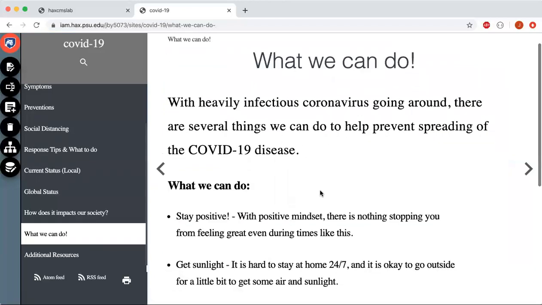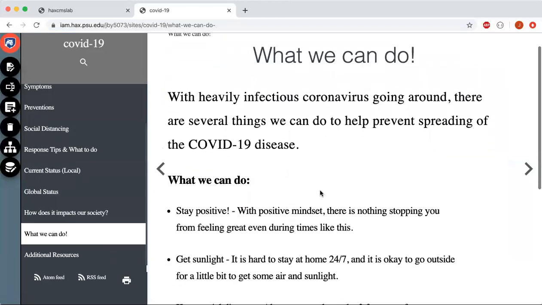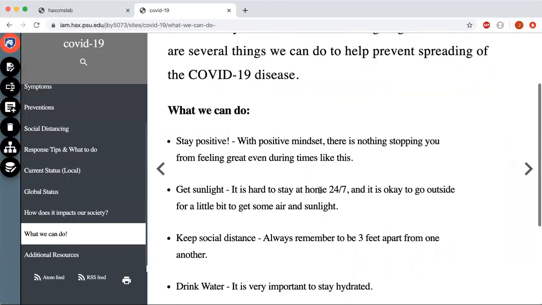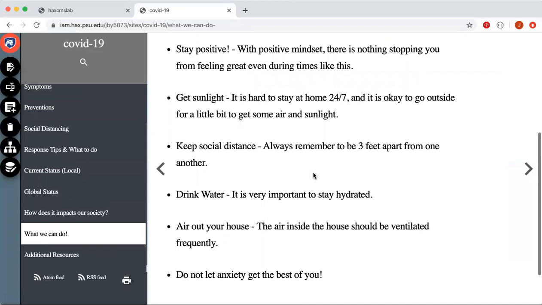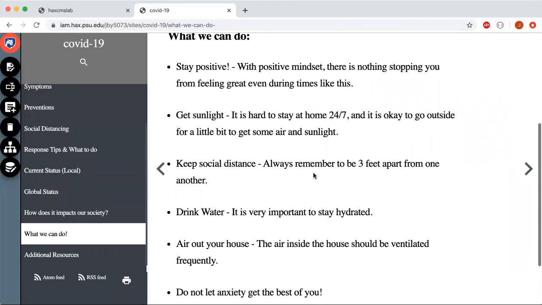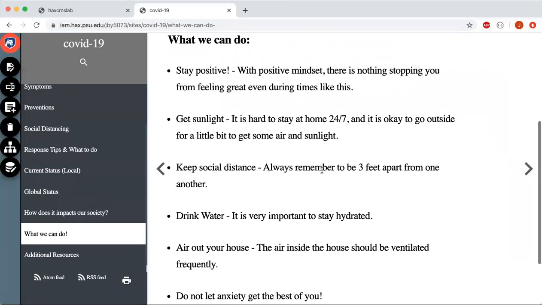What we can do to prevent the coronavirus. These are the most important things that I feel need to be talked about. It is staying positive, because with a positive mindset, there's nothing stopping you from feeling great, even during times like this.